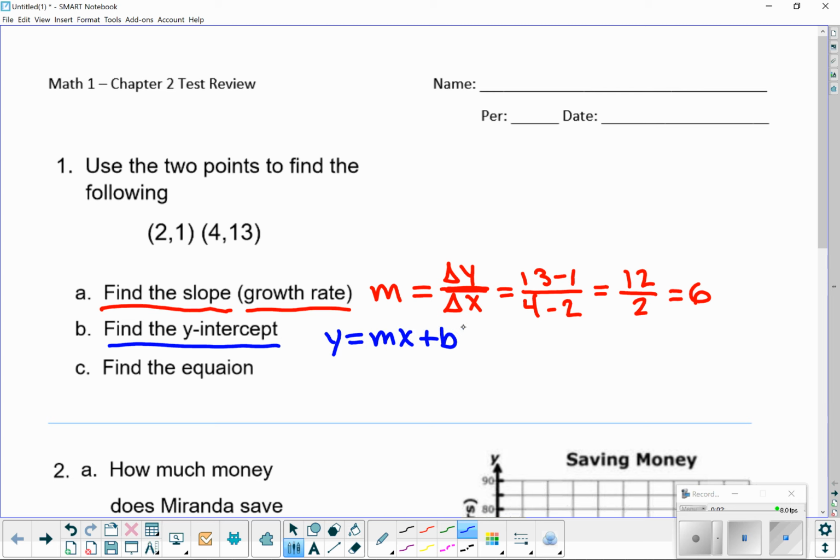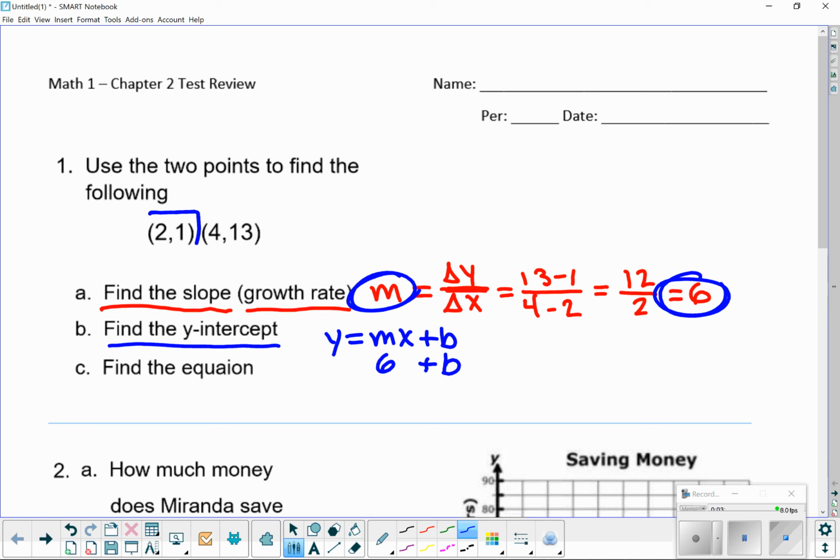And we've already found the m. M is 6, so we're going to put 6 in place of the m. You're trying to find b, so you won't have a value for it yet. But you are going to utilize one of the points, either the 2, 1, or 4, 13.